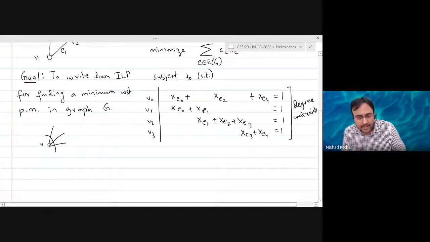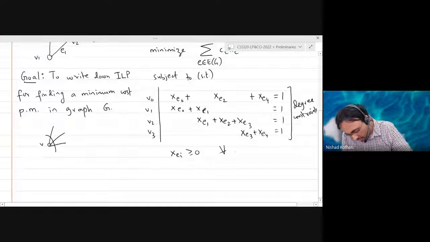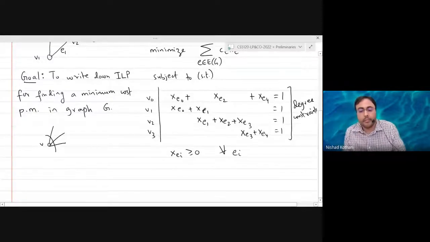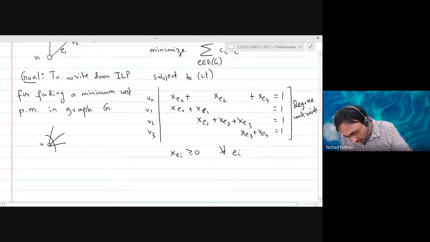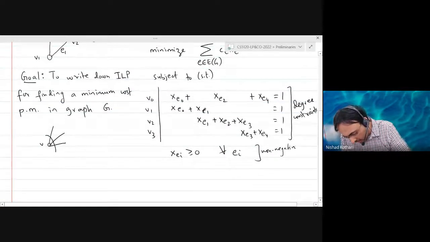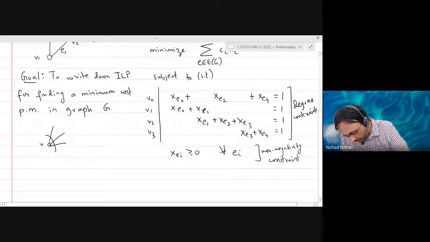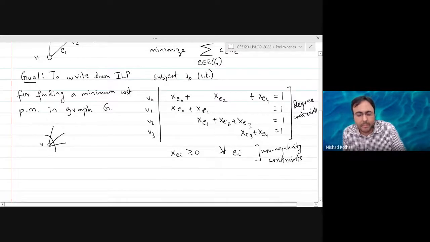On top of that, we want each variable to be non-negative. For each edge, we have this. These are called, of course, the non-negativity constraints. And this is going to be a fairly standard term when we are talking about linear programs and integer linear programs.